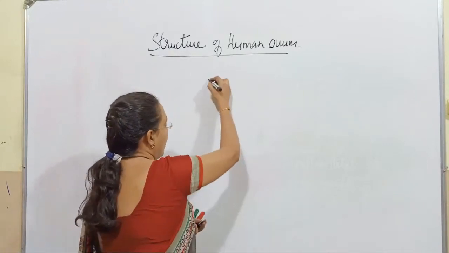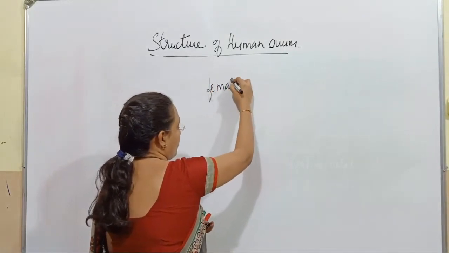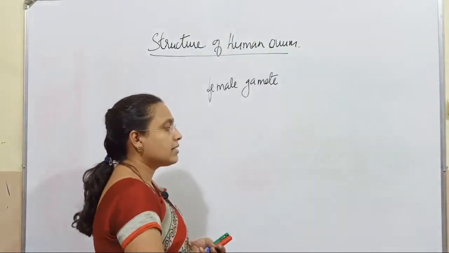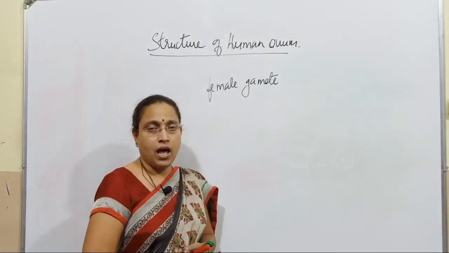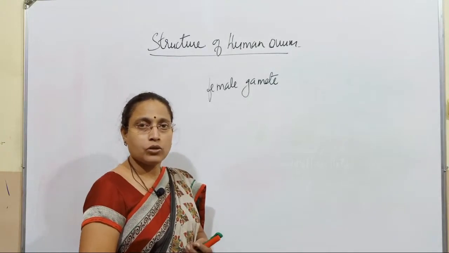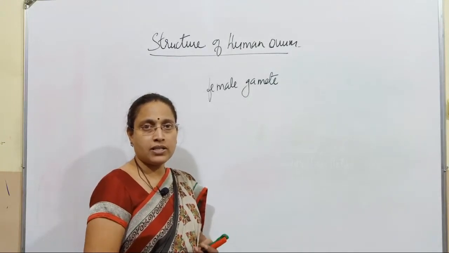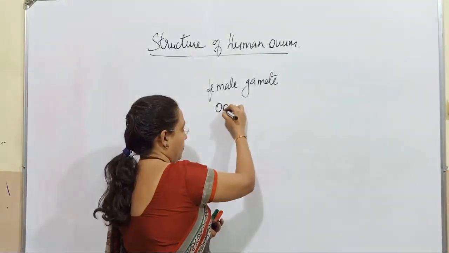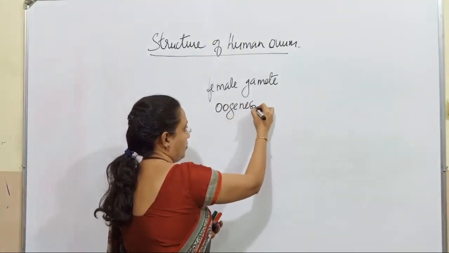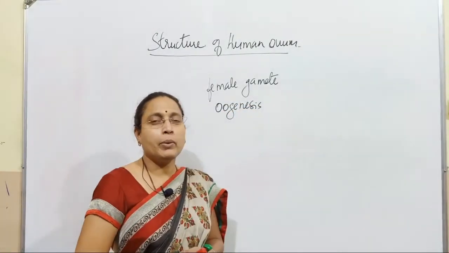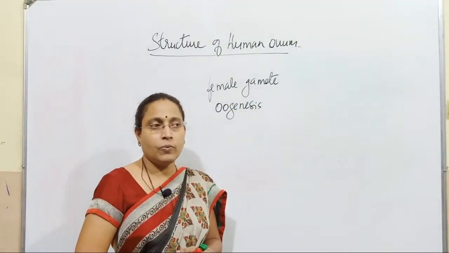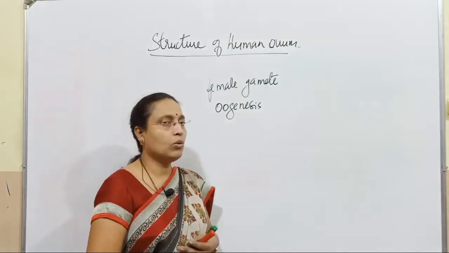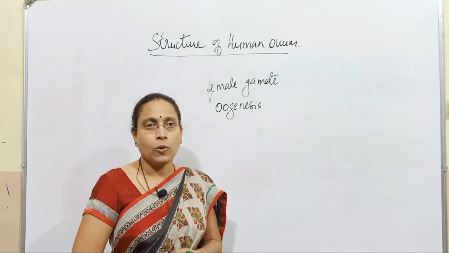Ovum is a female gamete. How is it formed? Just like how sperms are formed by spermatogenesis, ovum is formed by oogenesis. Some of the primordial germ cells in the fetal stage will form oogonia, and that will undergo oogenesis and produce ovum.